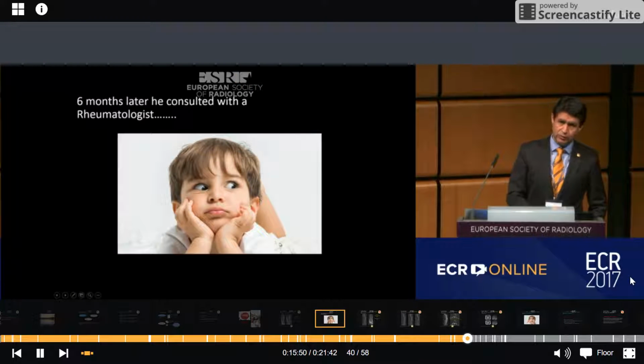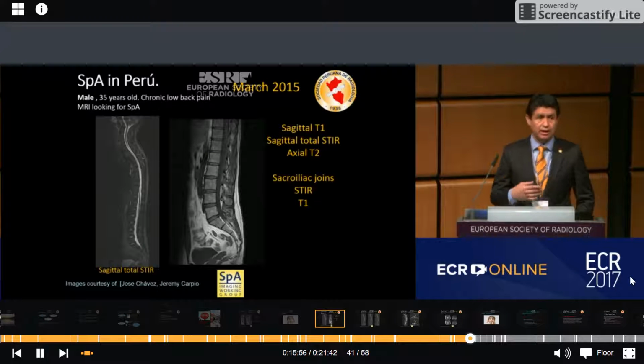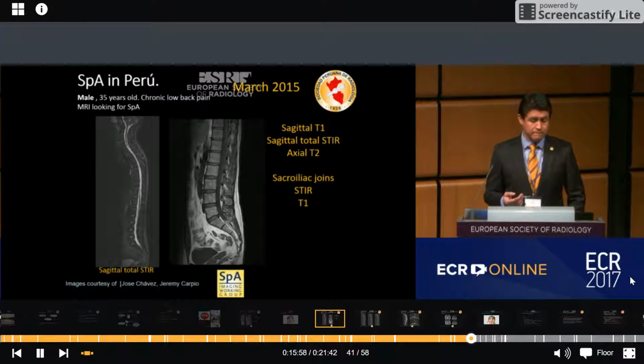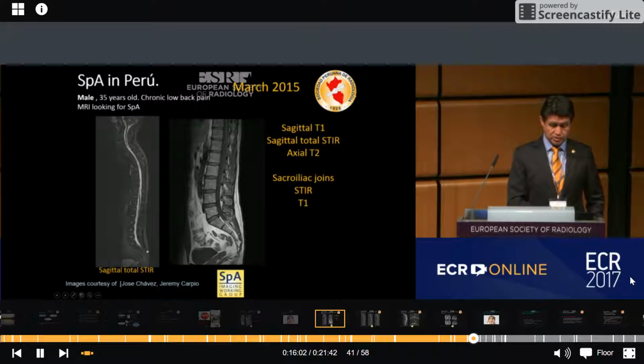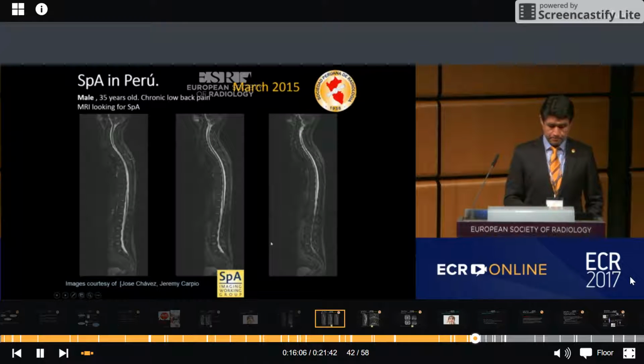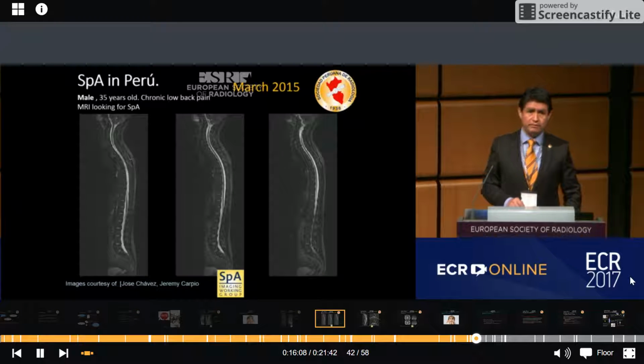But what happened with the patient? Six months later, he consulted with a rheumatologist. He requested a new MRI exam, and we did the sequences using the STIR, and these are the images. Can you see something?